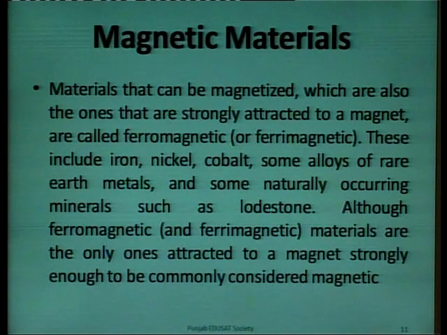These include iron, nickel, cobalt, and some alloys of rare earth metals and some naturally occurring minerals such as lodestone. Although, the ferromagnetic materials are the only ones attracted to a magnet strongly enough to be commonly considered magnetic material.